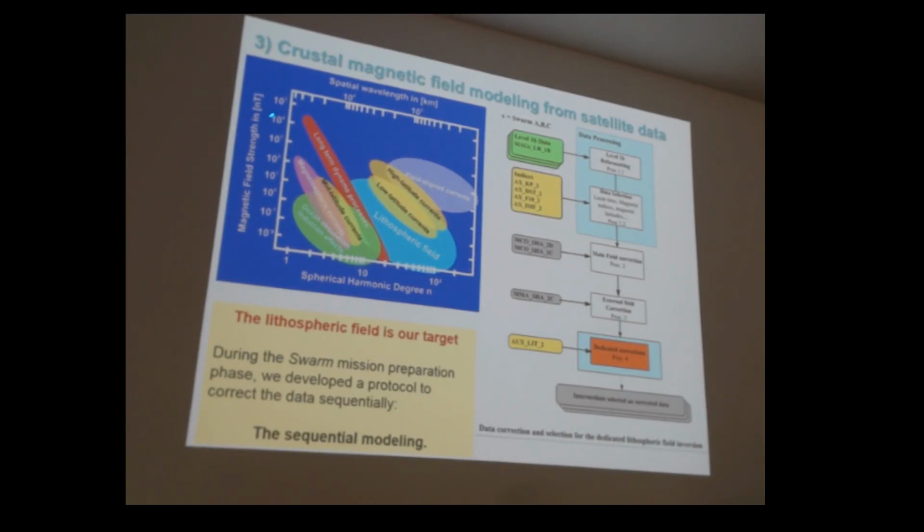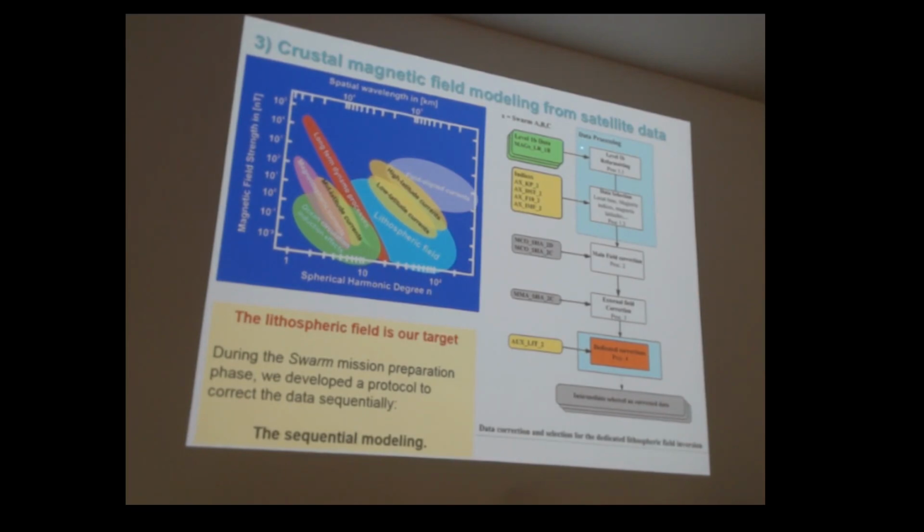So let's start again with this schematic of the different contributions of the fields. We are trying to end up with a robust core field model from space.